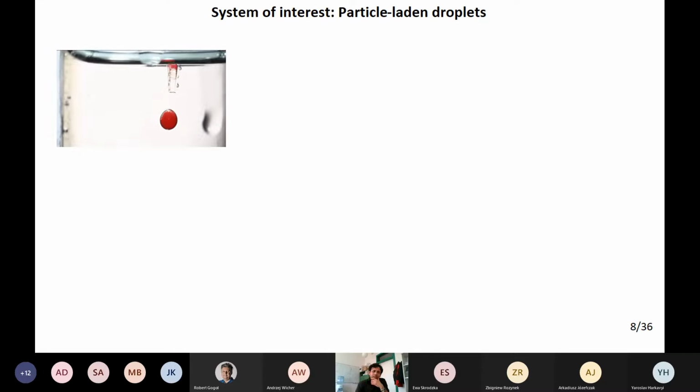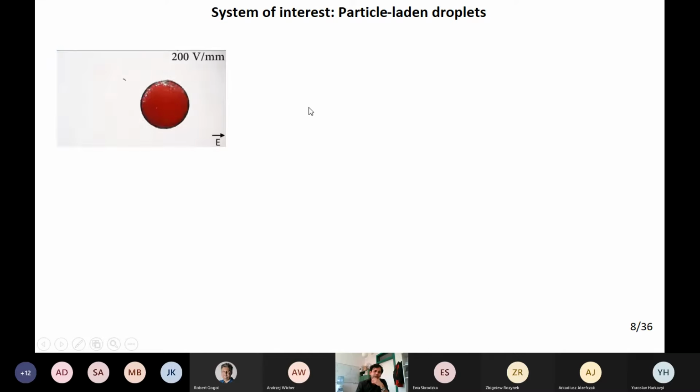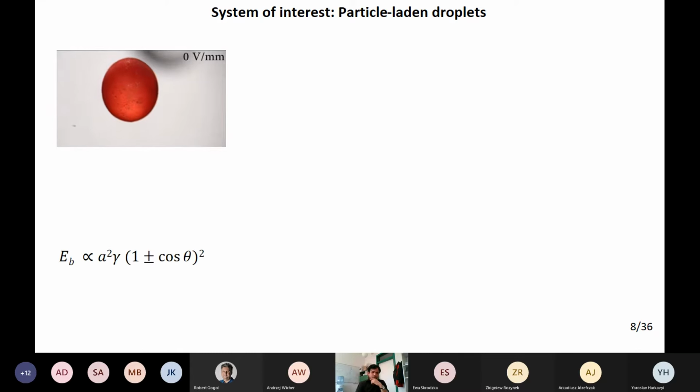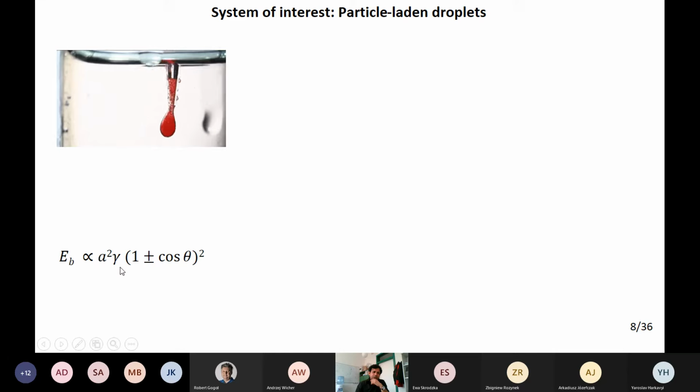We make the droplet, and initially all the particles are inside the droplet. When we apply the electric field, the particles start reaching the droplet interface, and after a few minutes they form a fully covered droplet, which we also call a Pickering droplet. The binding energy of the particle at the drop interface depends upon the square of the diameter of the droplet, the surface tension, and the contact angle.